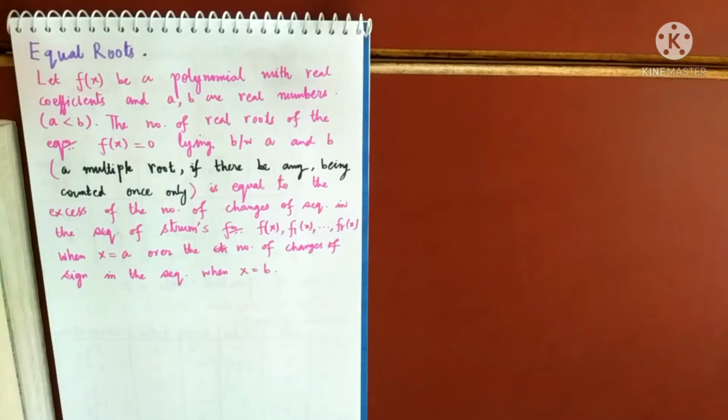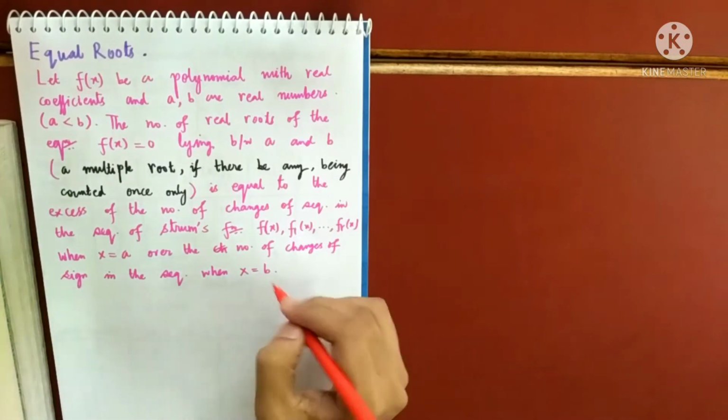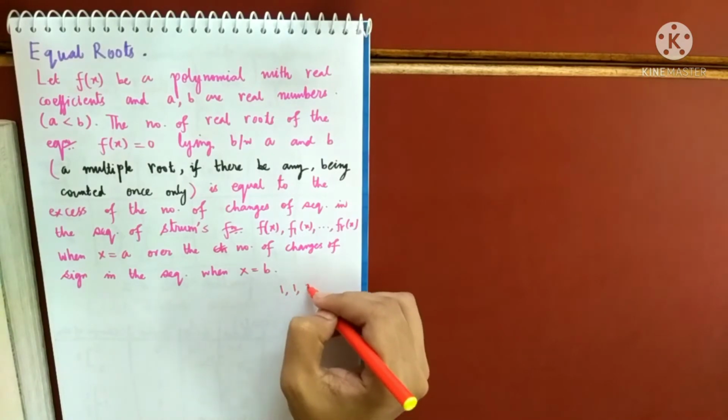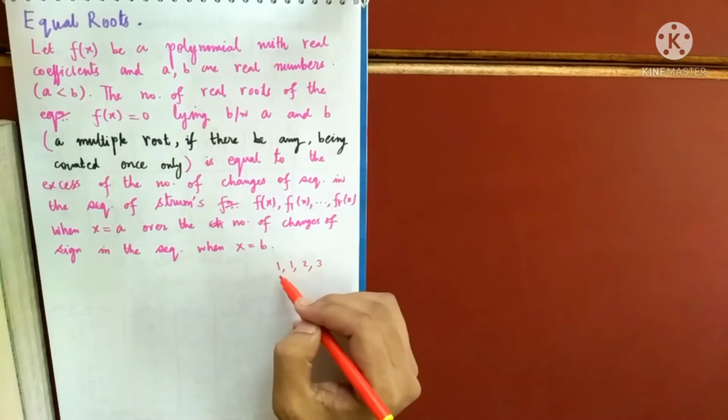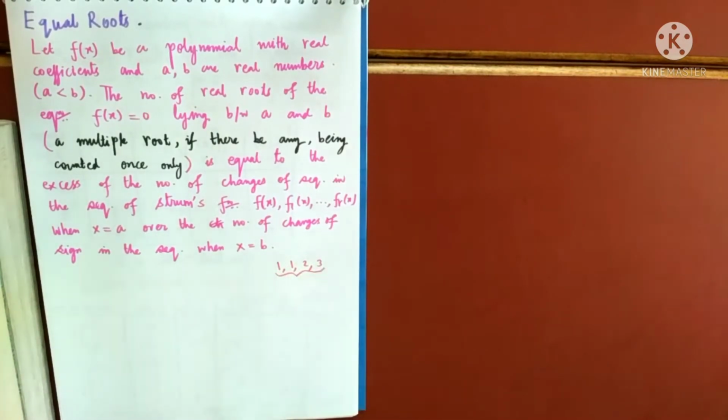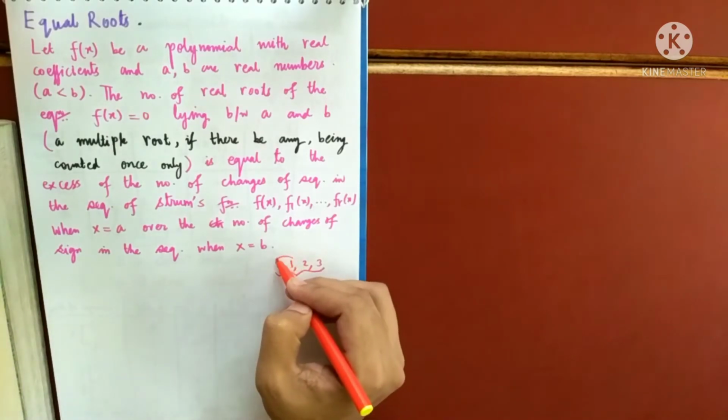So the rule is almost the same as what I have given for all roots unequal. If it has some equal roots or multiple roots, the only change is that it will be counted only once. Like suppose your equation has roots 1, 1, 2, 3, it is a 4-degree equation, and suppose it has all real roots. Then according to Sturm's method, this will be counted just once.